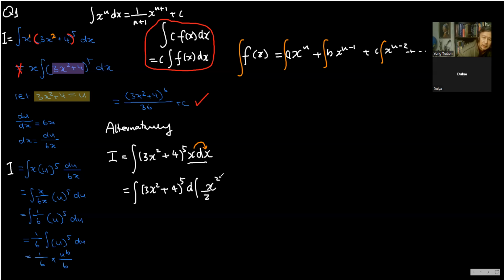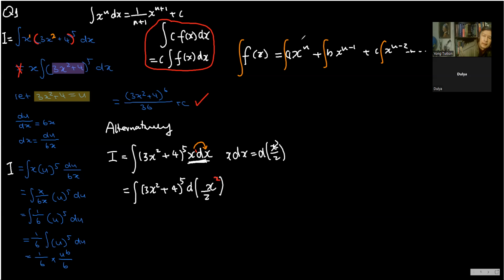Because these are the same, x dx will equal d(x squared) divided by 2. Because the power increased by 1 unit, after putting x inside, it became 2.